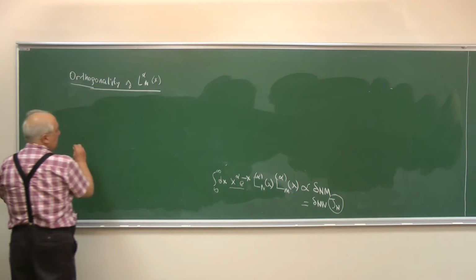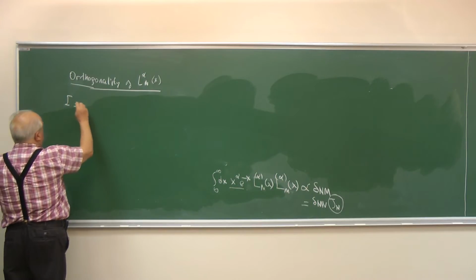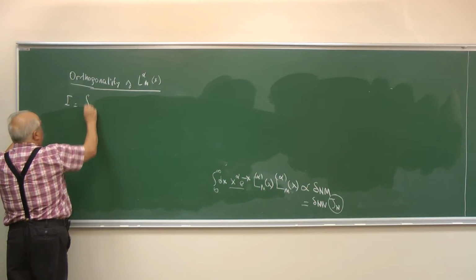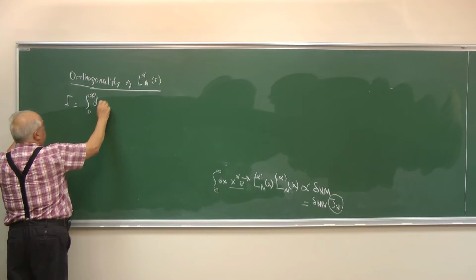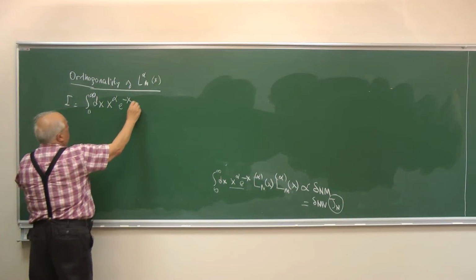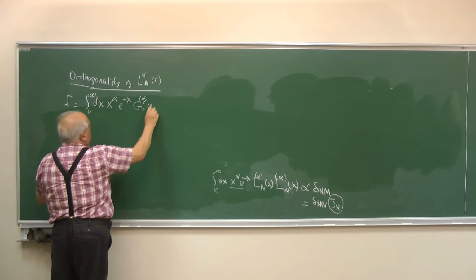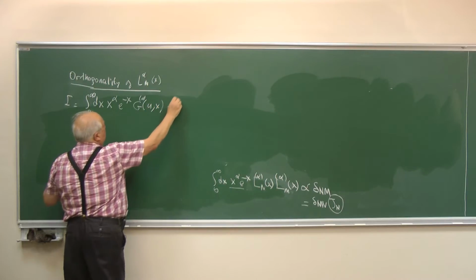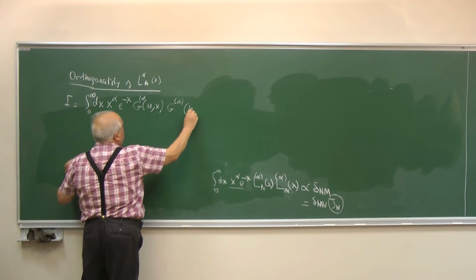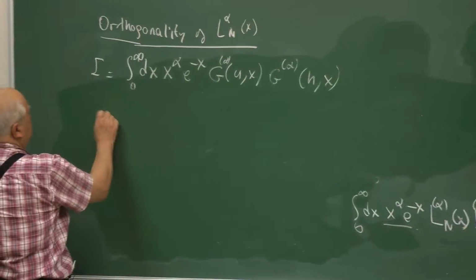So consider the integral I equals the integral from 0 to infinity dx x to the alpha e to the minus x g alpha u x g alpha h x. Okay.